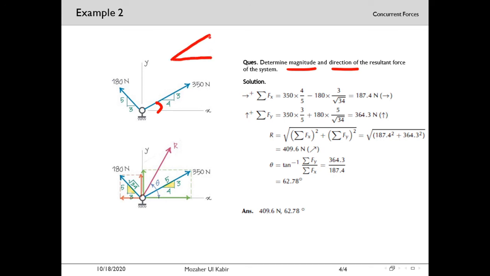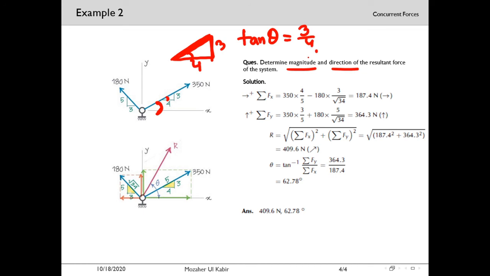this is a right angle triangle, this is 3. That means the height is 3, the base is 4. We can easily calculate the angles from here. That means what will be this angle, this angle and this angle are the same. So using the formula of tan, tan theta equals height over base, that means 3/4.